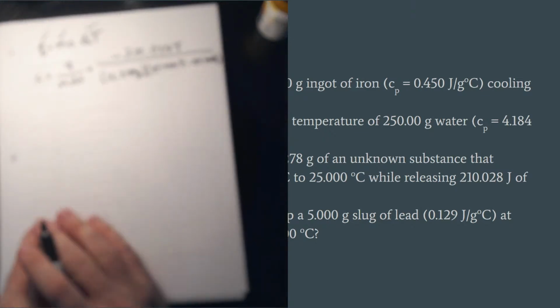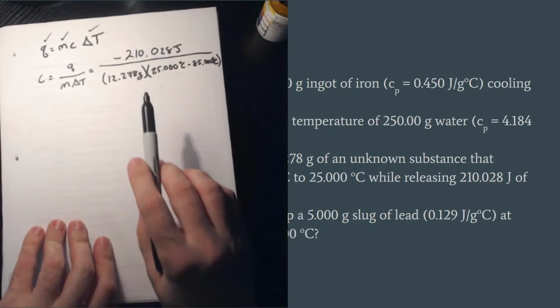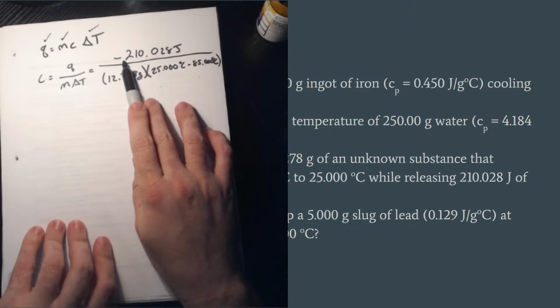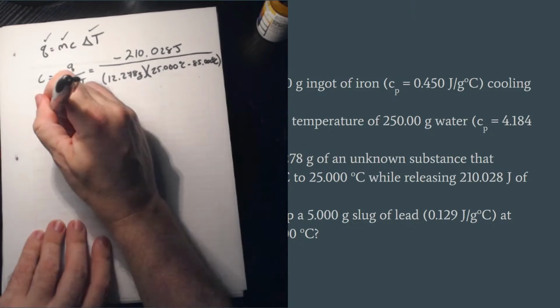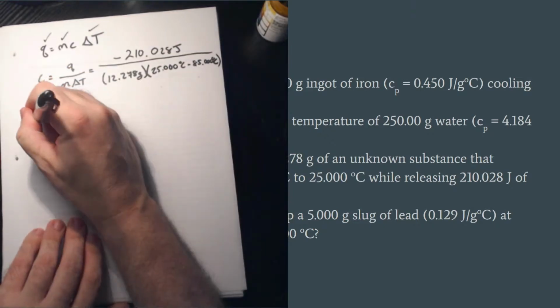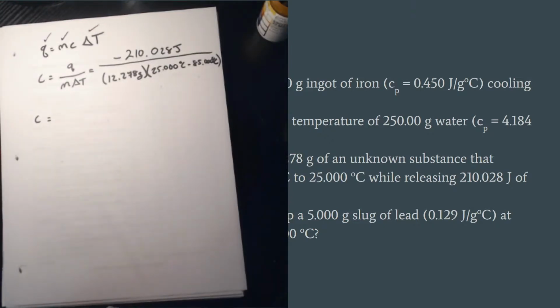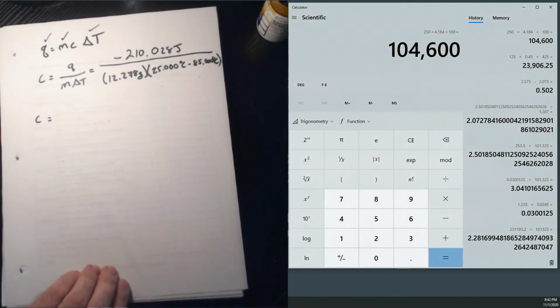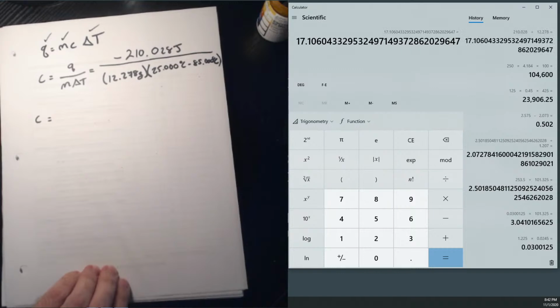Remember, pay attention to your signs. Be careful about your signs. Releasing heat, okay, means that it is a negative quantity of heat. So now we can plug those into our calculator. 210.028 divided by 12.278 divided by 60.